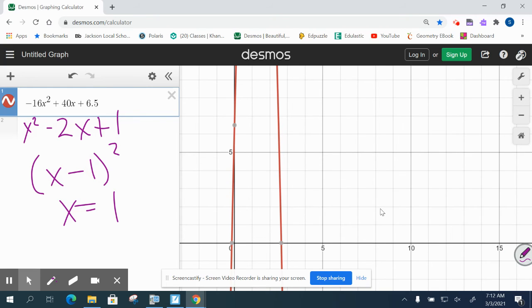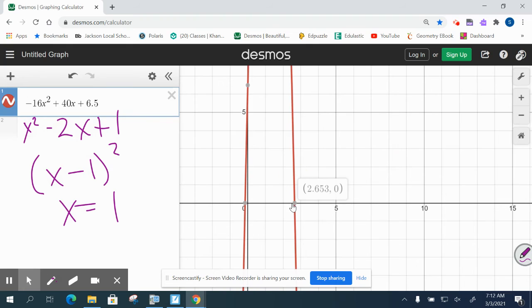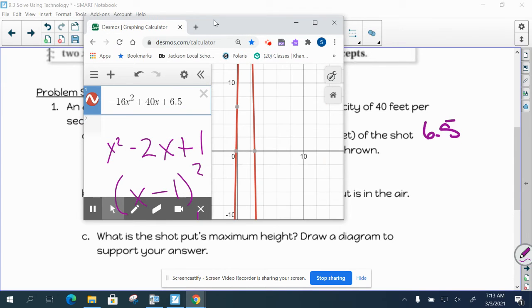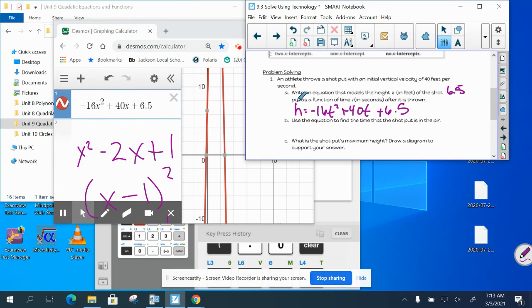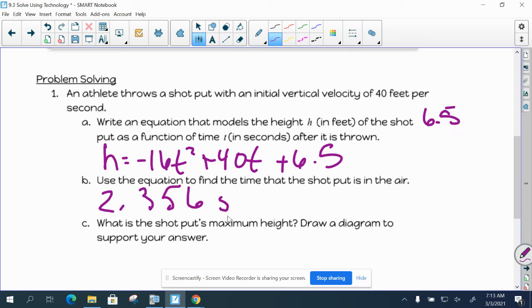Okay, so there's the initial height, that's the y-intercept, and then it goes up really far, and comes back down after 2.356 seconds. That's the time that it's in the air.